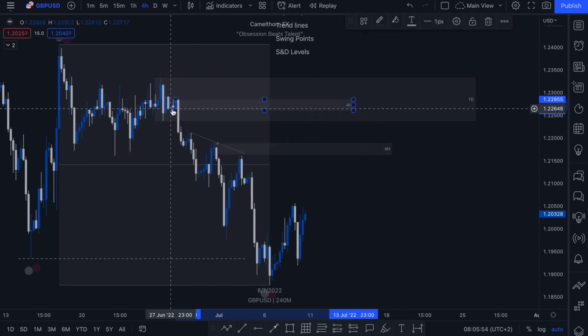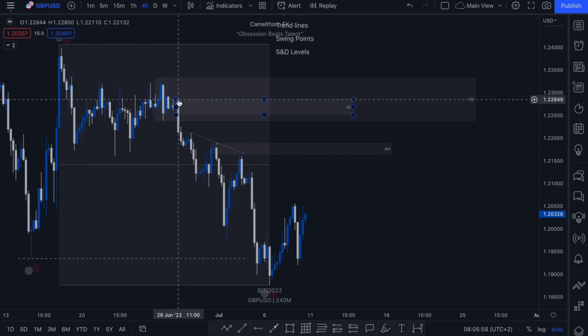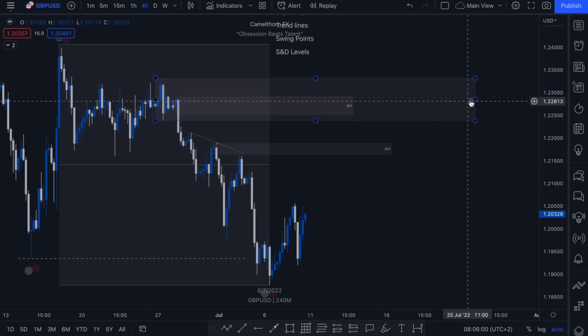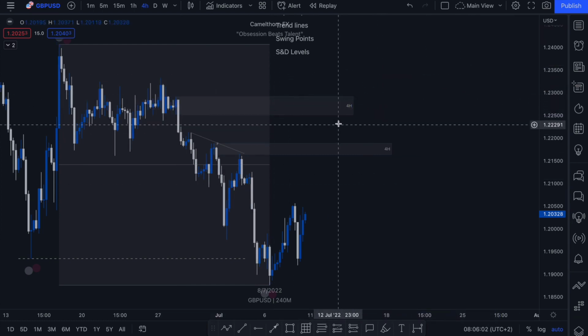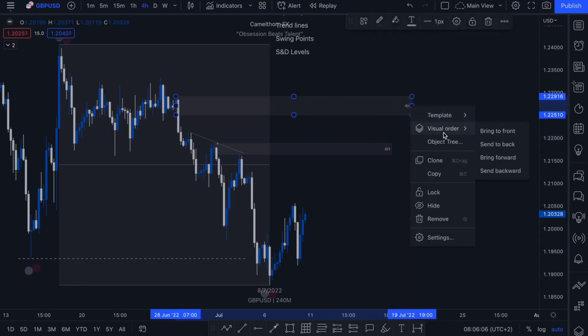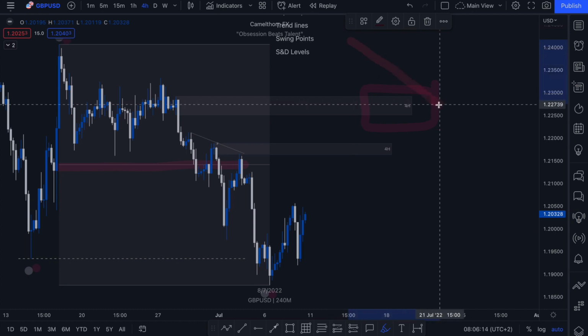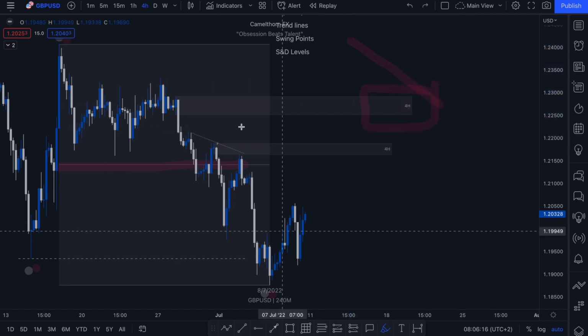But what I'll do is I'll mark out this 4 hour level in here, okay? So if I get rid of the daily, we know where the daily is. If we mark out this 4 hour level now, okay, we can see that we've got a supply level that sits within premium pricing of a bearish trending market, okay?